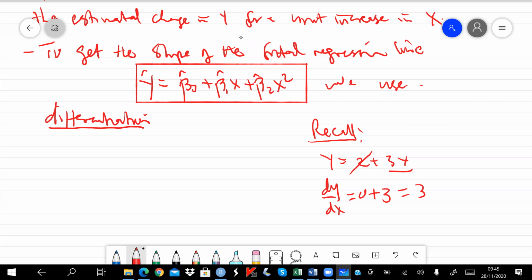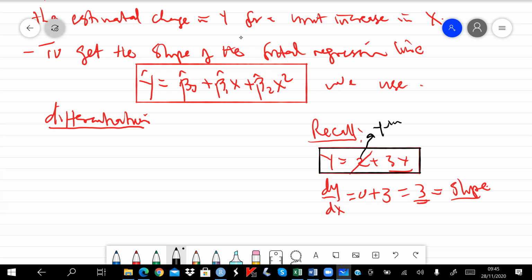In short, the derivative of this line is equal to 3, and the first derivative is always the slope. That agrees with what we know: this is a straight line where this is the y-intercept and this is the slope. So you see that this is the same as this.